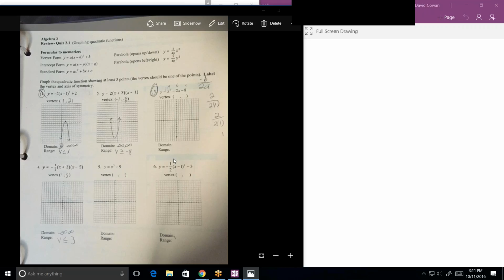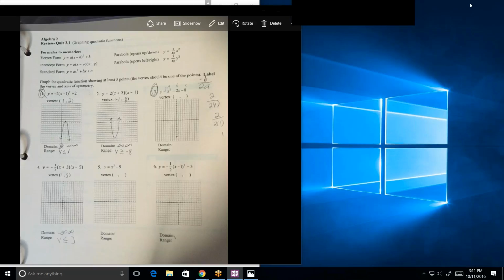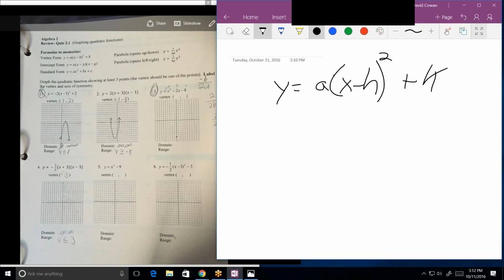But I don't see anywhere on here where they actually state the general format using the 4p. If I were to take that vertex format, we got y equals a times x minus h squared plus k. That's the format for any parabola that opens up or down.